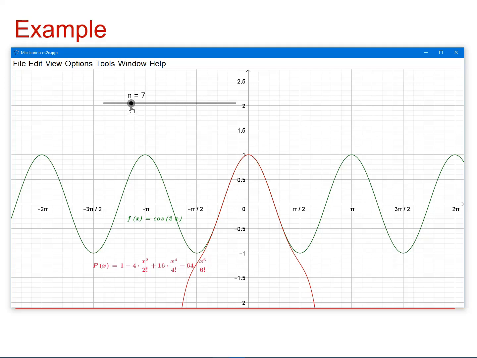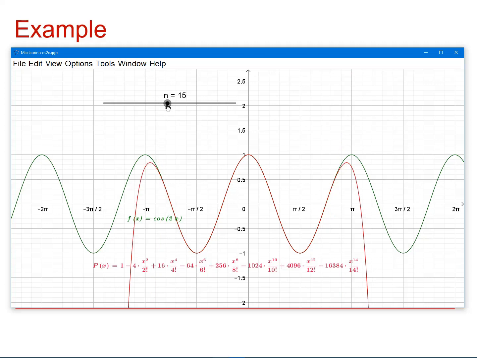So if n is equal to 7, I still only get up to x to the 6. And then as I push this on up, you will see that the polynomial gets better and better as an approximation, not so much that it's closer around 0, but that the range over which the polynomial gives a good approximation gets larger.